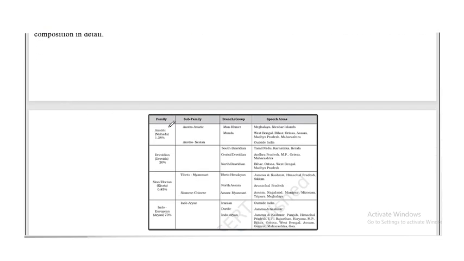Look at this: this is the family, then subfamily, branch or group, then speech areas. Mainly Austric, Dravidian, Sino-Tibetan and Indo-European. There are 4 families, and in the subfamilies: Austroasiatic, Austronesian, Tibeto-Burman, Siamese-Chinese, then Indo-Aryan.